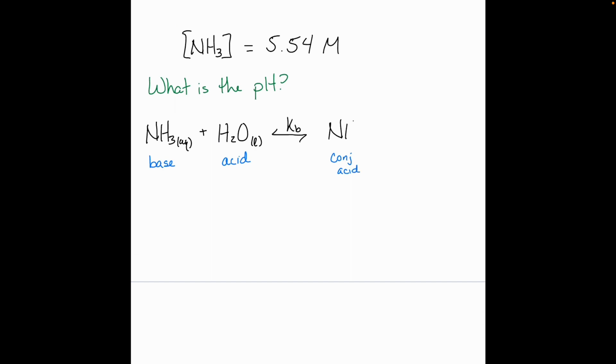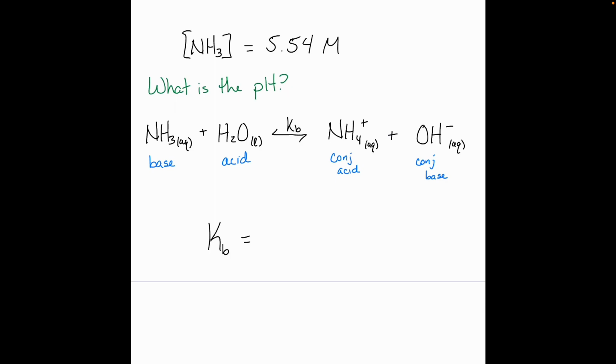That was that ammonium ion. And then what is my conjugate base? It's got a very fancy name. This is the hydroxide ion. Okay, and Kb, that K is an equilibrium constant.